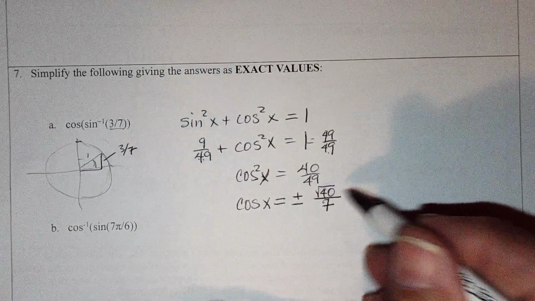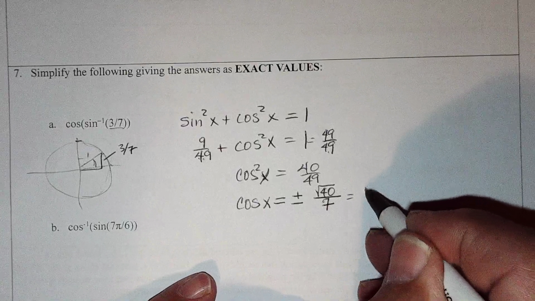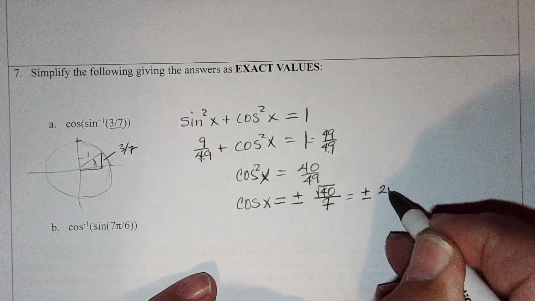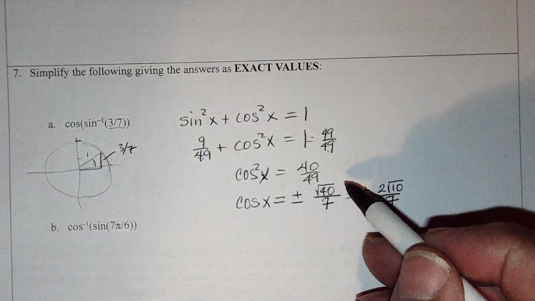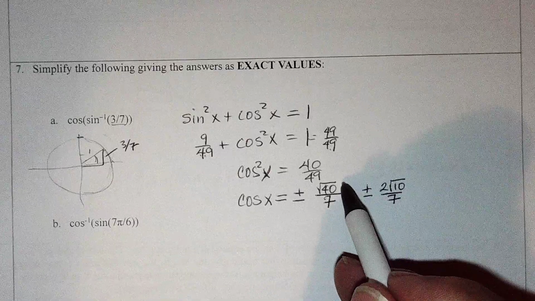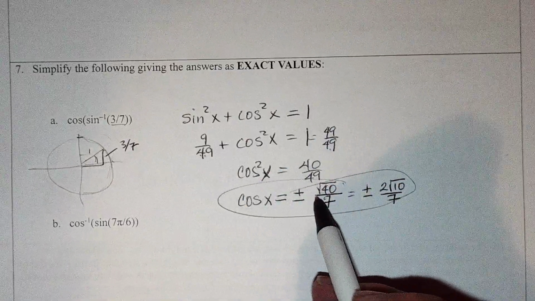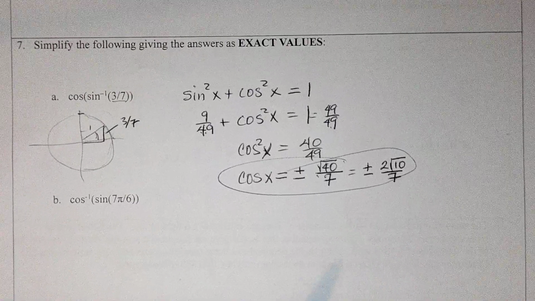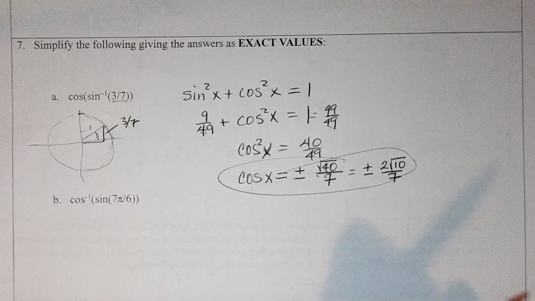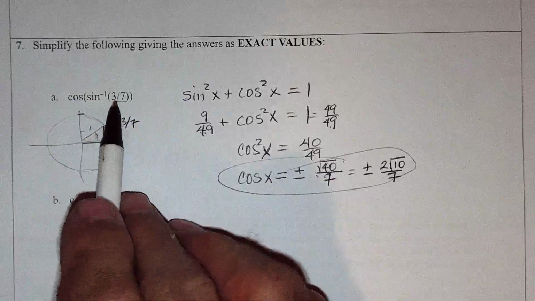And 40 is 4 times 10, so I could call this plus or minus 2 square roots 10 over 7. But I can't go to decimal, so leaving it in either form would be the exact answers for cosine of x, cosine of this angle.